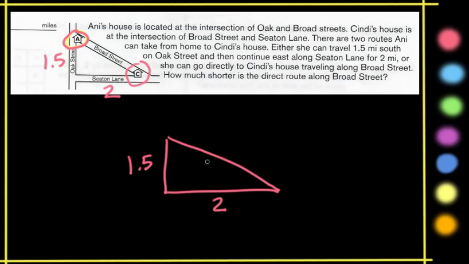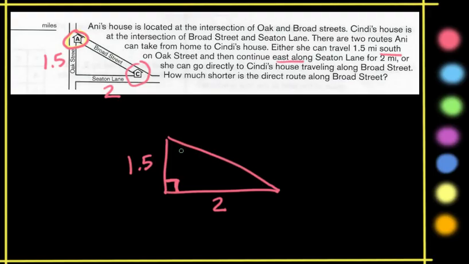Okay, so one thing you have to know is that these streets are at a right angle. You can assume that because it says south and east, or does it say anything explicitly? Well, yeah, it says she travels south on Oak Street and then east along Seton Lane. So that means those are perpendicular to each other.